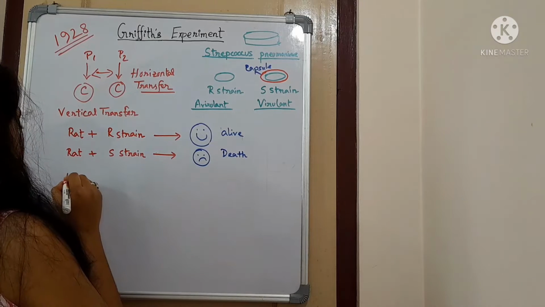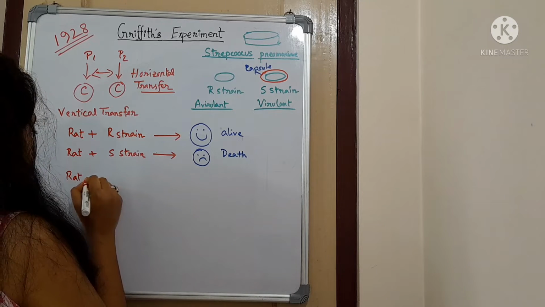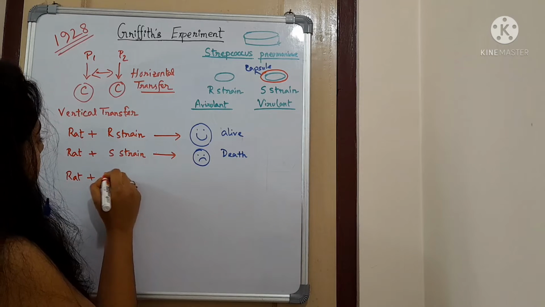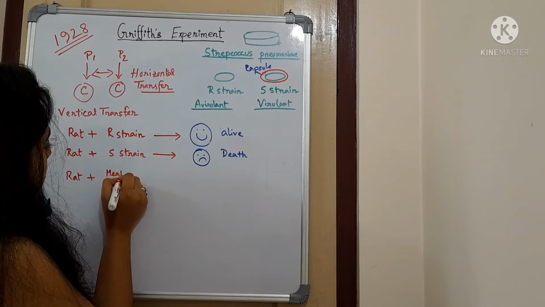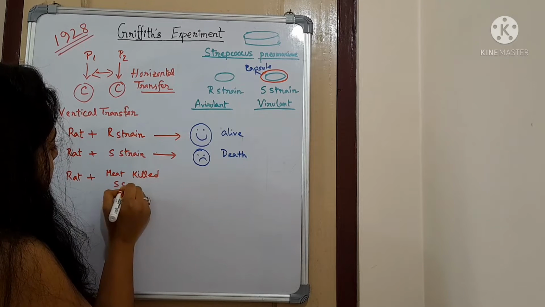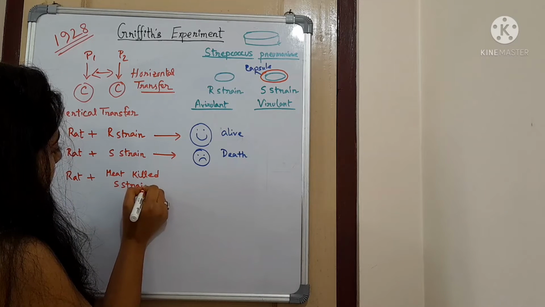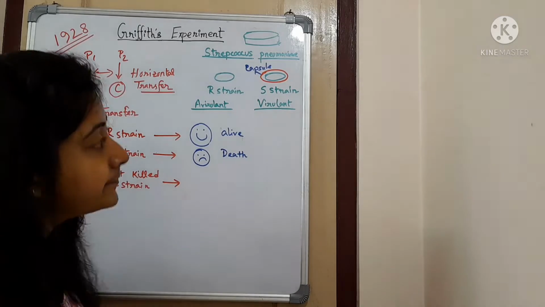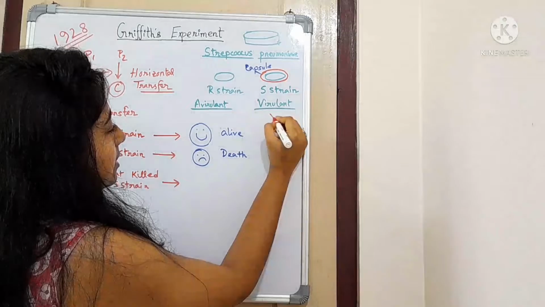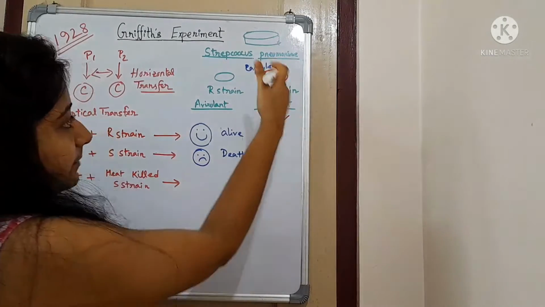In the third case, Griffith took another rat and injected the heat-killed S strain. What is the meaning of heat-killed S strain? Let's suppose some heating was applied to this bacteria.